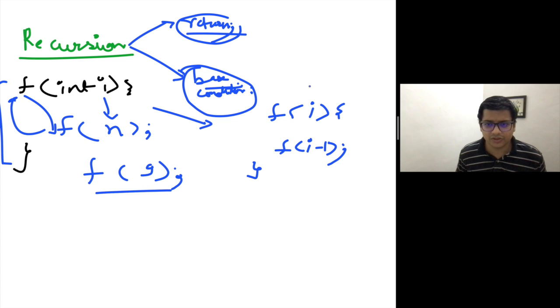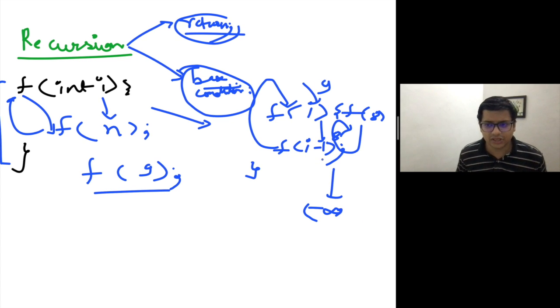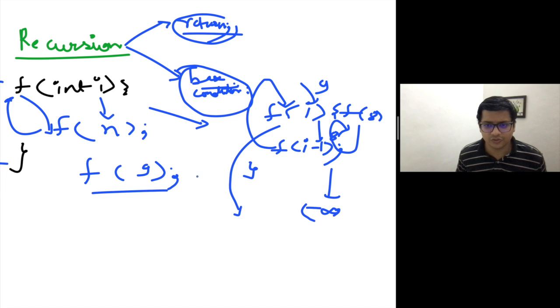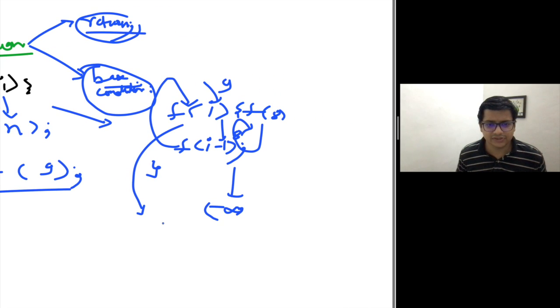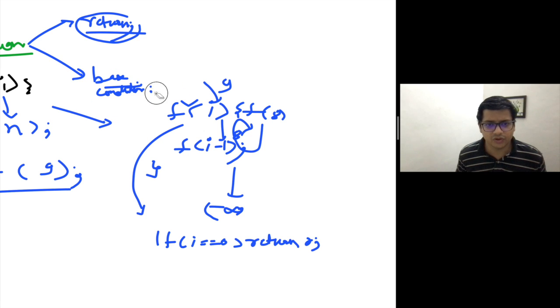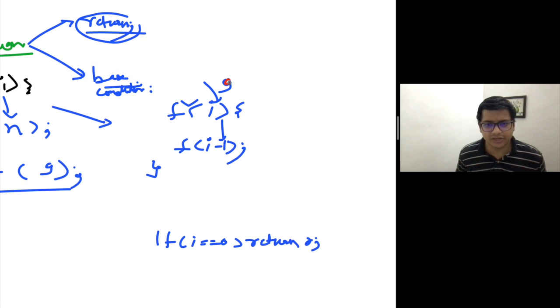So it is never going to end. Why? Because 9 will be supplied there, then 8 will be supplied, so f is again called with f of 8, and it will continue up to minus infinity. So we need something so that it could stop. We could write the base condition as: if i equals 0, then return 0. Now if we supply the input 9 to this function, i minus 1 becomes 8.